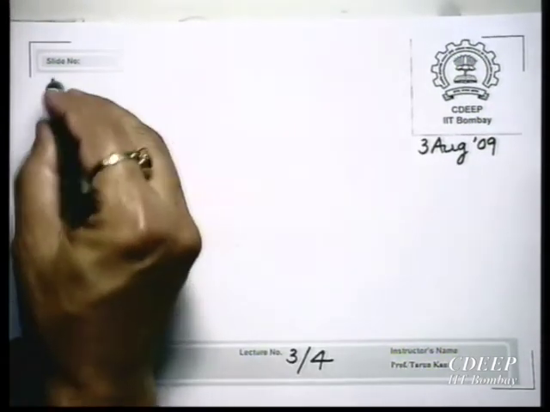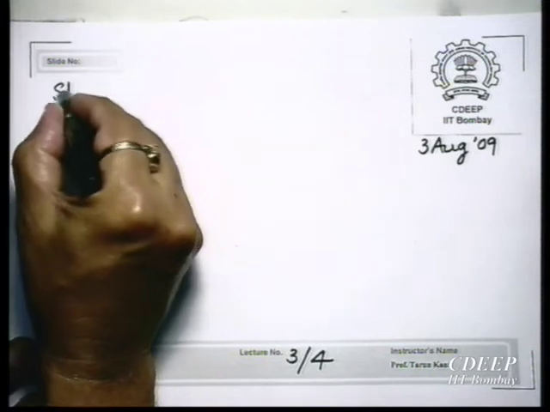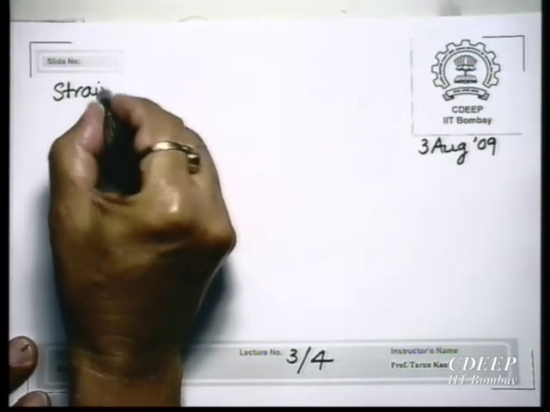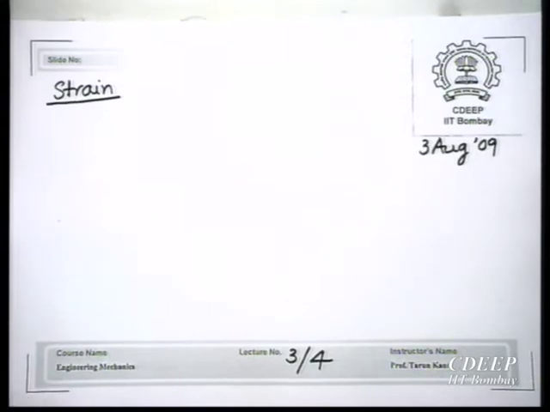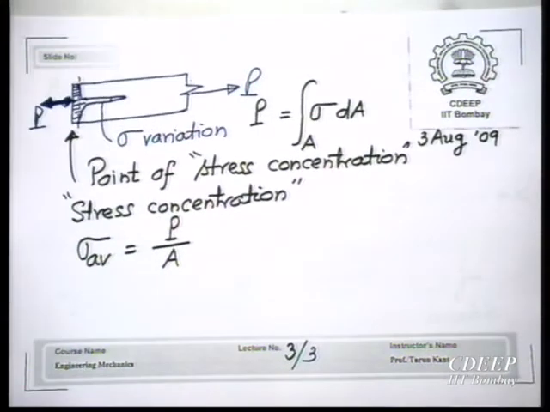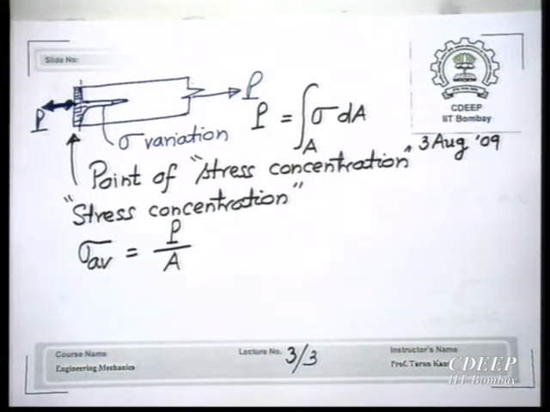Second one, if you recall in the last two lectures, today is the third lecture, we did discuss strain, because if the body is deformable, there is strain. Before I forget, remember that stress is a concept that is defined at a point, not over a cross section.